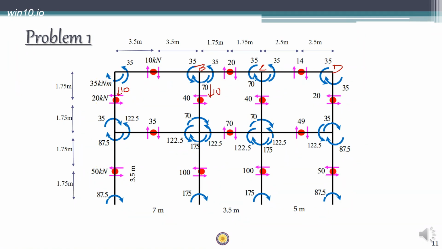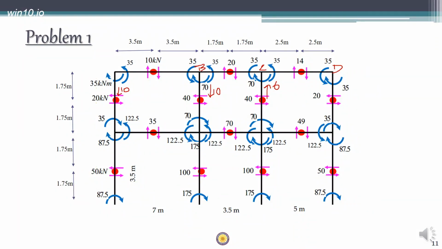Now let's consider the joint C. There's a net downward force of 20 and an upward force of 14. So if you add both of those, there is a net downward force of 6. So this has to be counteracted by an upward force of 6. And finally, when you come to this joint D, there is a net downward force of 14.